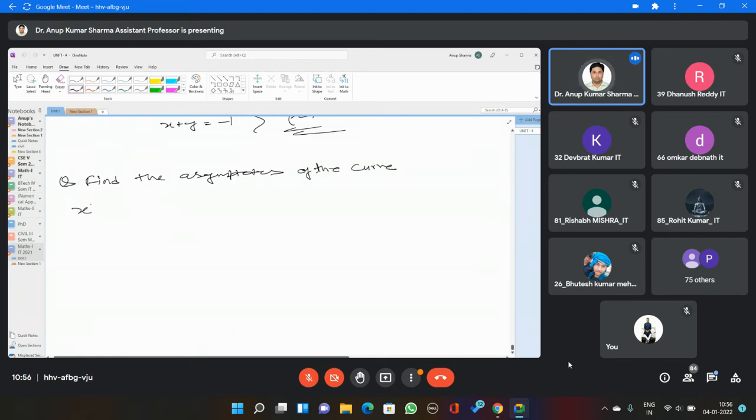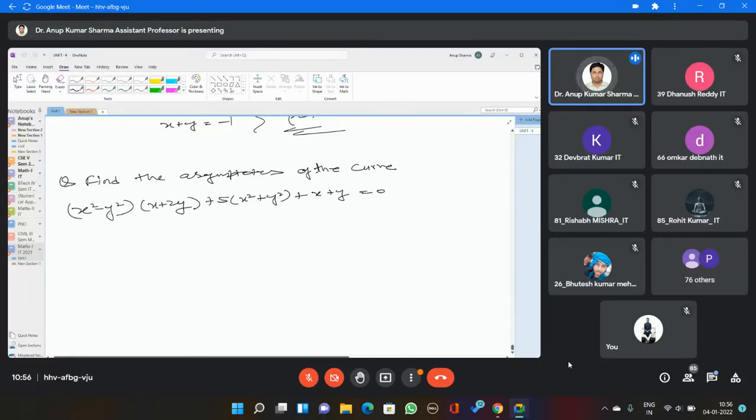The curve is like that: x square minus y square into x plus 2y plus 5 times x square plus y square plus x plus y is equal to 0. Find asymptotes of the curve.